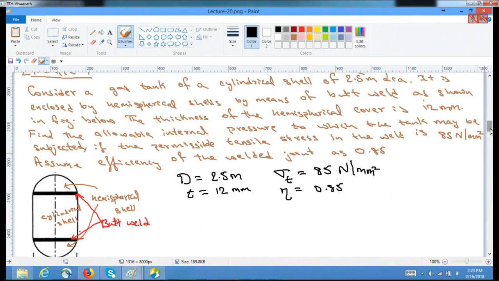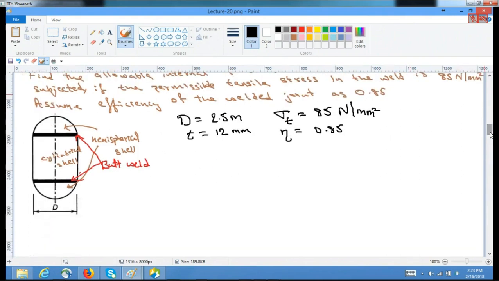So based on this, first what we need to calculate is the total load or the tensile load taken by these plates, because under the pressure this cap will be pushed to this side and this will be pushed on this side. So that is the amount that has to be resisted by the load transfer P that will happen between these two.